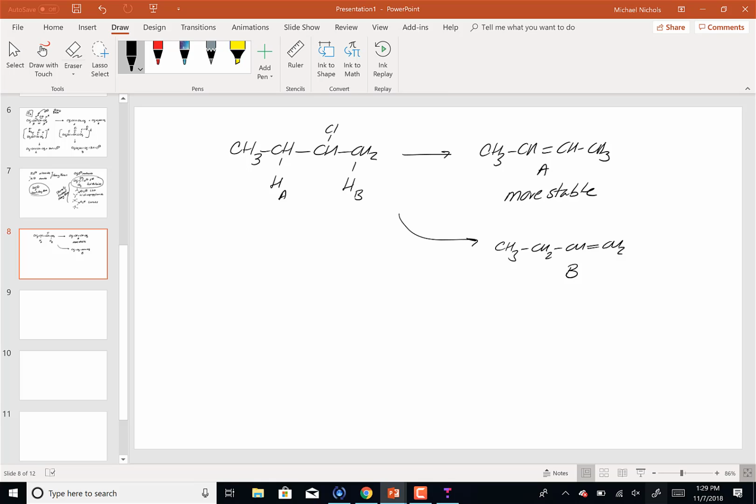If I want to form A, I need to use one of those two bases. If I want B, I need to use the other. And so we're going to talk about that over and over again. You do this if you want this product, you do this if you want the opposite product, let's say. So, let's talk tertiary butoxide first.